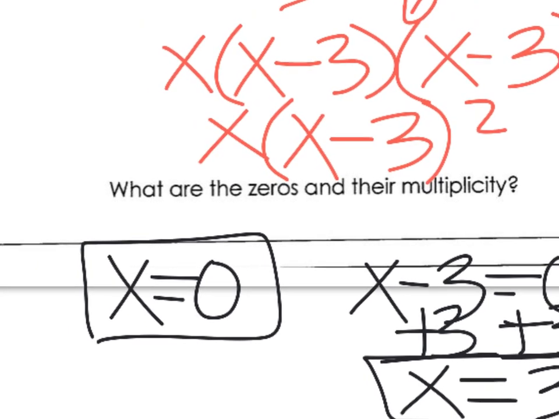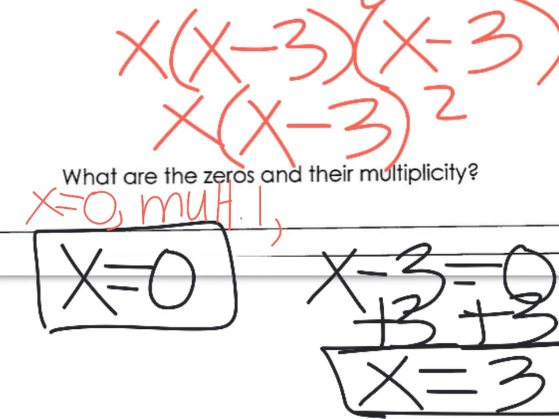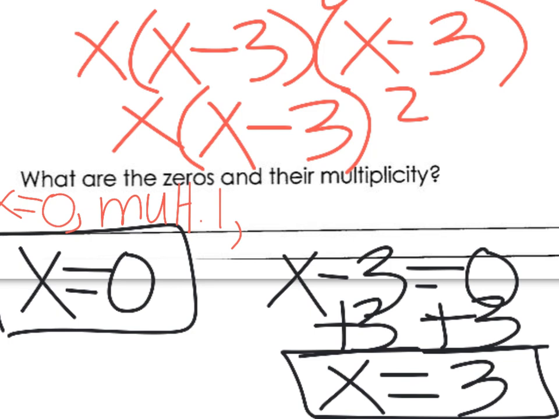We would say that x equals 0, multiplicity 1, because it only occurs once, and we would say that x equals 3, multiplicity 2, because it occurs twice. And the multiplicity of a 0 will affect the graph, and we're going to learn about that next.